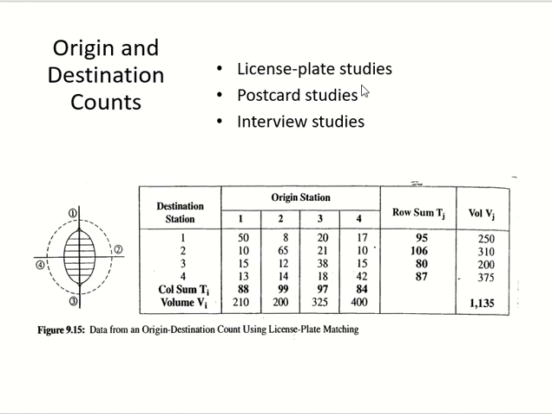Look at the rows now. First row, 250 vehicles are going into zone 1. 310 vehicles are going into zone 2. Got it? So your field count is showing these values. And your matrix, is it showing the same values?